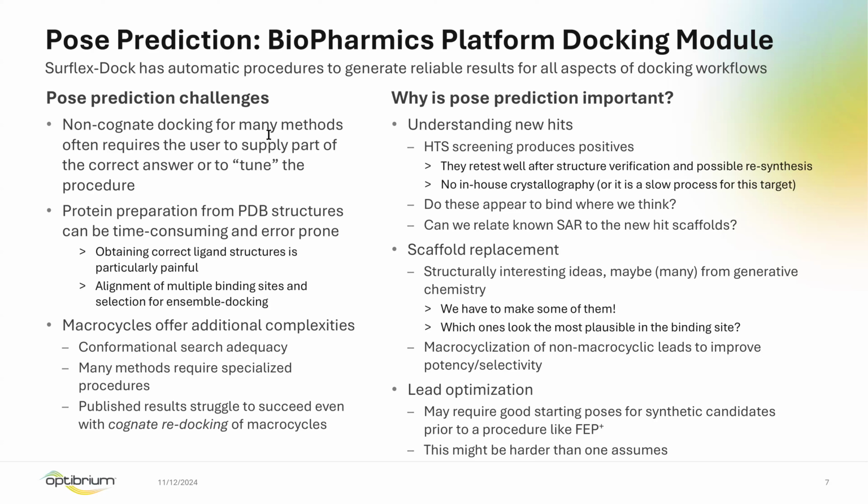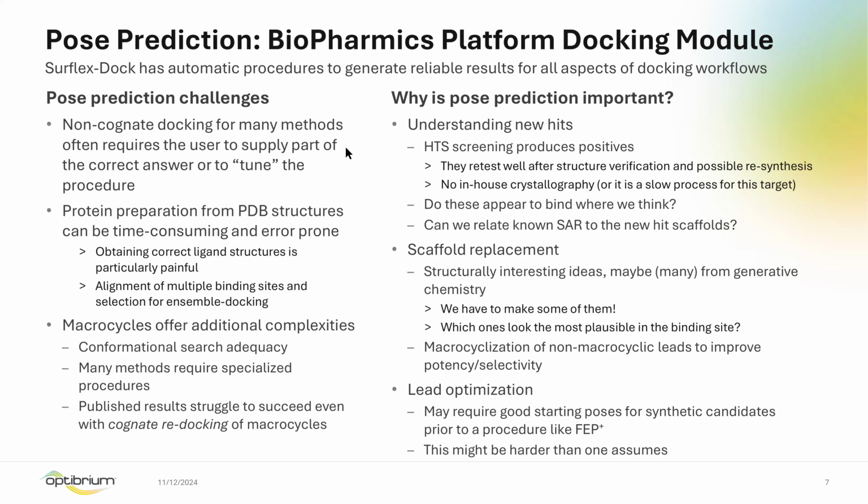So pose prediction. Why is this hard to do? Why is it hard to do with many docking methods? Well, one of the things is that if you think about all of the methods that you've used for docking in the past, a lot of times you'll find that it's necessary or strongly encouraged to basically supply a template or some guidance to a docking procedure in order to get a result out that you are happy with.